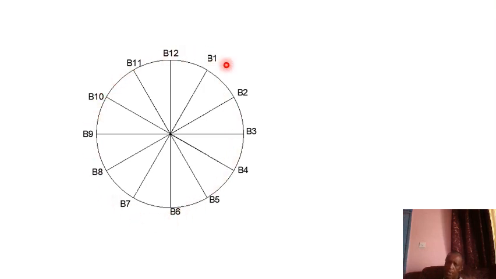It is the same point that is moving, but now we are tracing the movement with numbers. So this is the first point, then it will move to B2, B3, B4, B5, B6, until we reach B12. That gives us 12 equal parts.